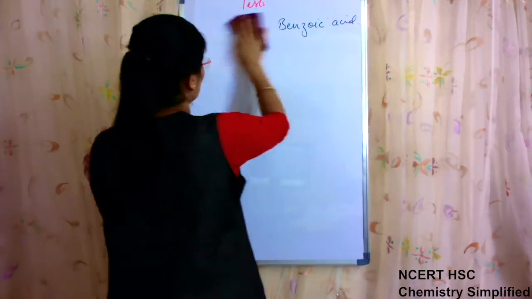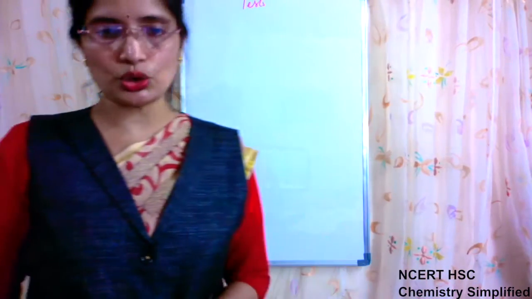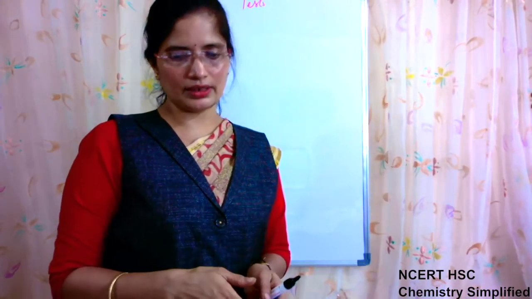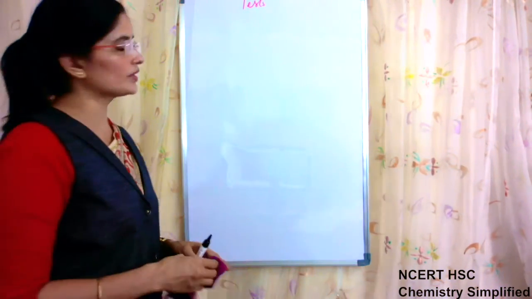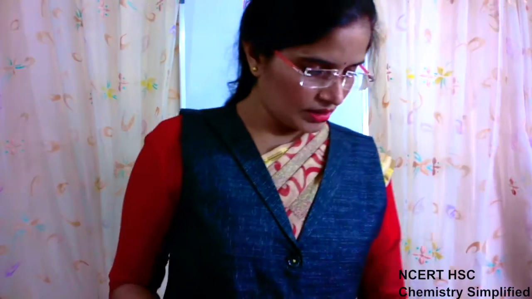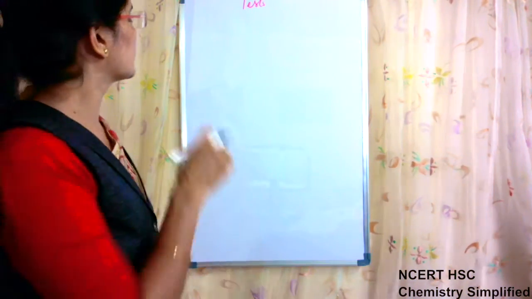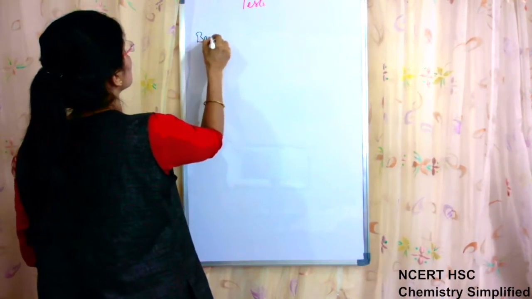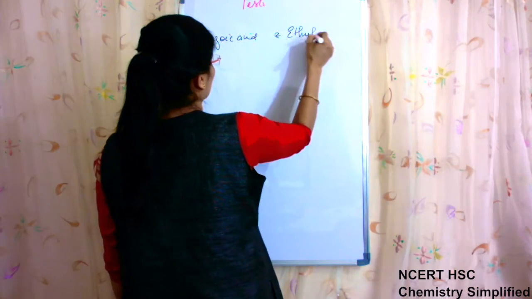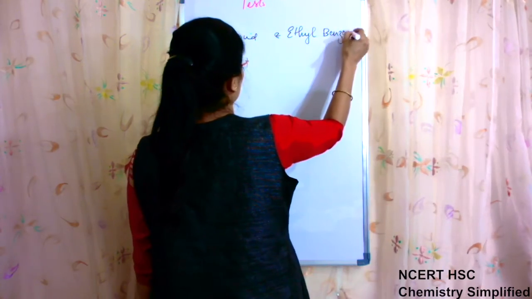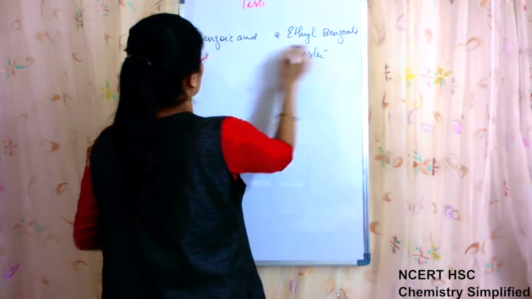If it is given for formaldehyde and formic acid and any other acid, I told you that formic acid will give the test. Yes, whatever tests are given by aldehydes, all those tests will be given by formic acid. Then next is benzoic acid and ethyl benzoate. Now see, benzoate means it is an ester and this is an acid.